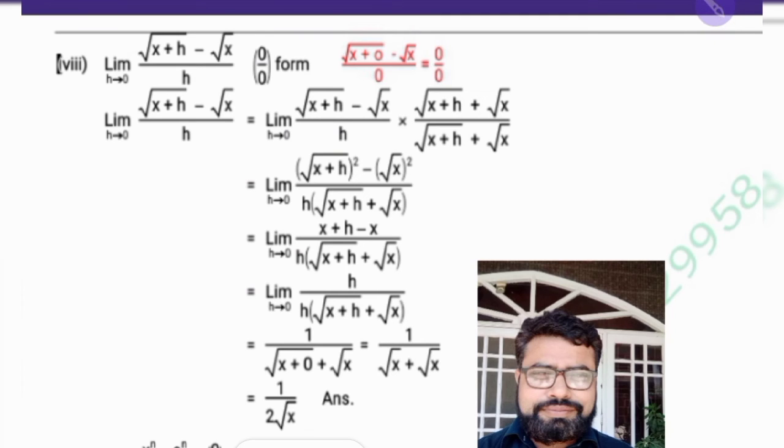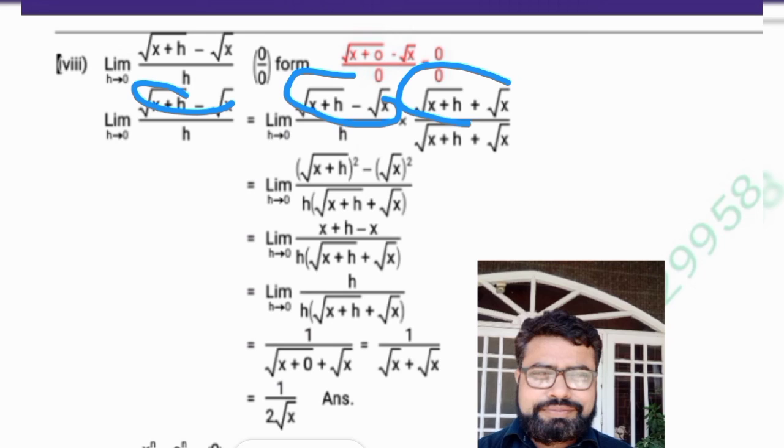I have explained before that if there is square root, whether it is in the numerator or in the denominator, we have to rationalize it according to position. As there is square root in the numerator, we have to rationalize according to the numerator.